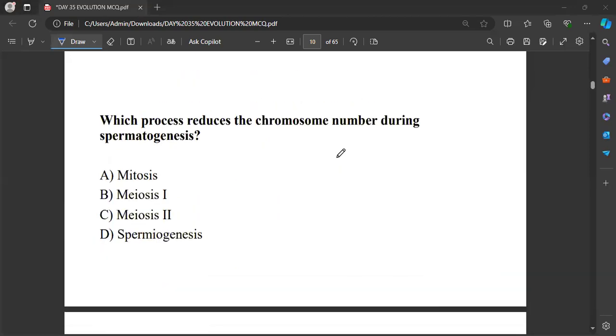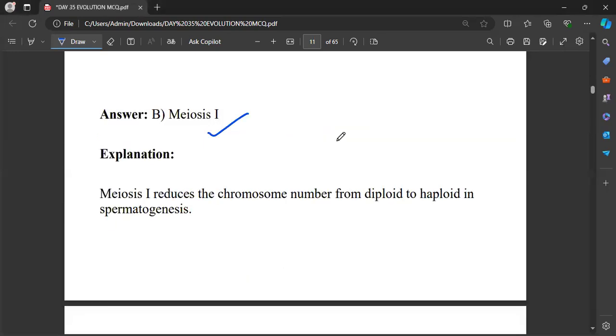Which process reduces the chromosome number during spermatogenesis? Whether it will be meiotic 1 or 2, or mitosis, or spermiogenesis. In the meiotic 1 division.